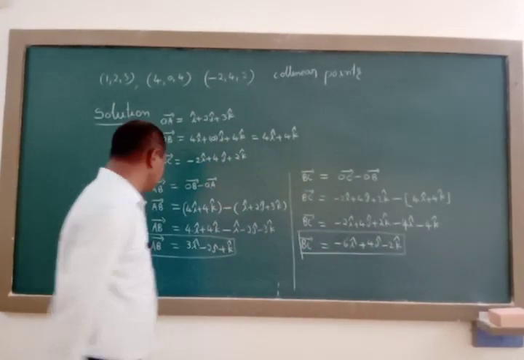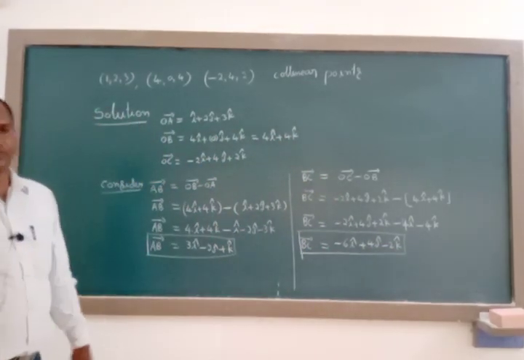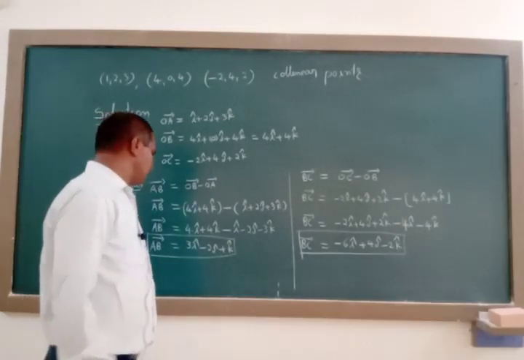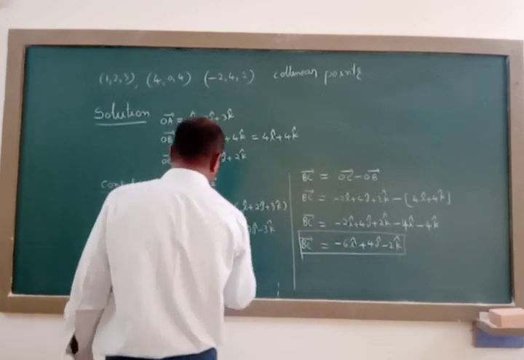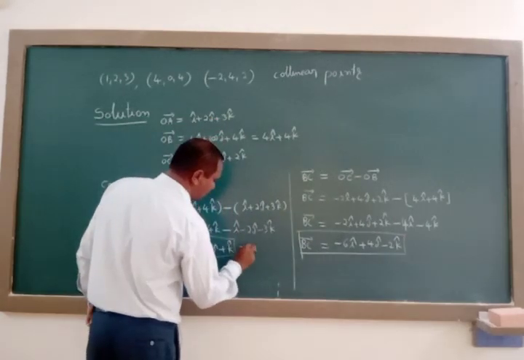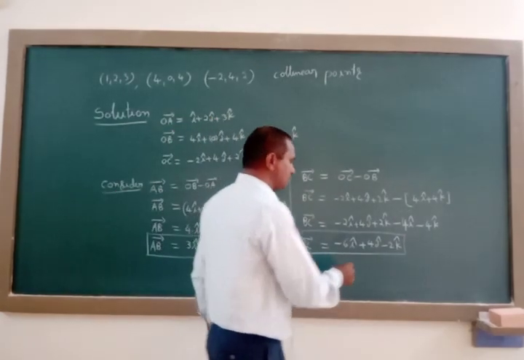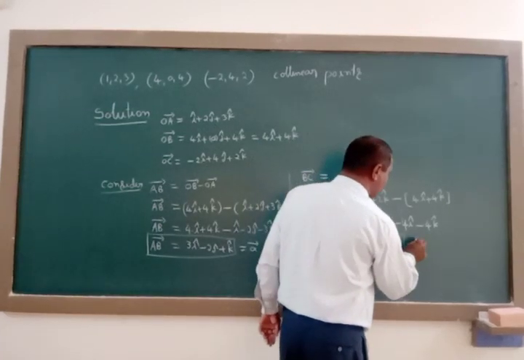Now let us consider AB bar and BC bar. We got two vectors, and one vector depends upon the other. Consider this as small letter a bar and this as small letter b bar.